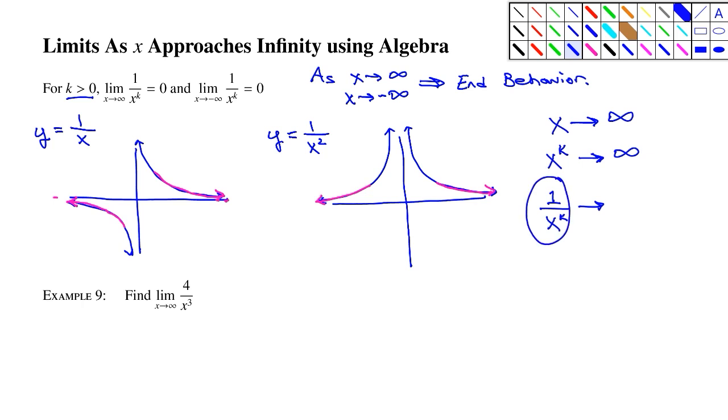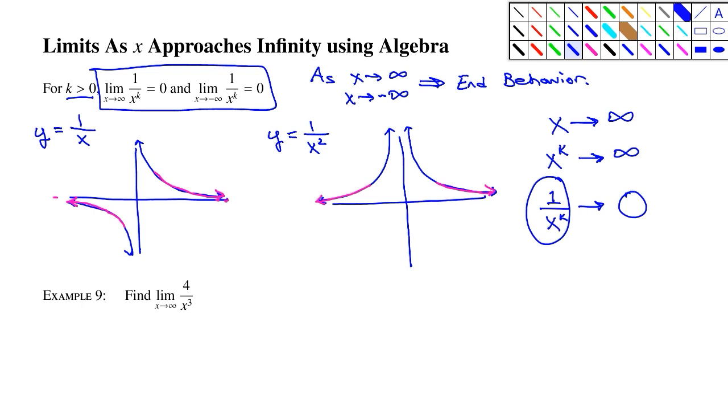It would be 1,000,000th, and then 1,000,000,000th, and then 1,000,000,000,000th, smaller and smaller until it gets closer and closer to 0. That's where these rules come from. If you have the limit as x goes to infinity of 1 over x to the k, then it gets closer and closer to 0. And it works the same way on the other side.